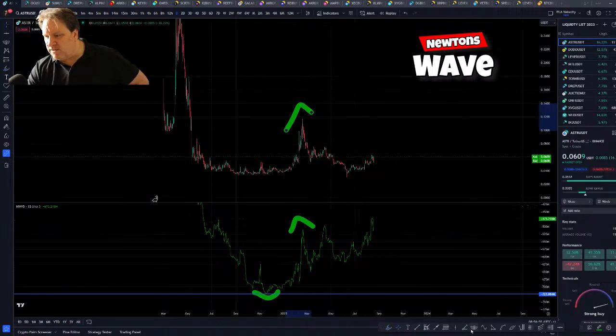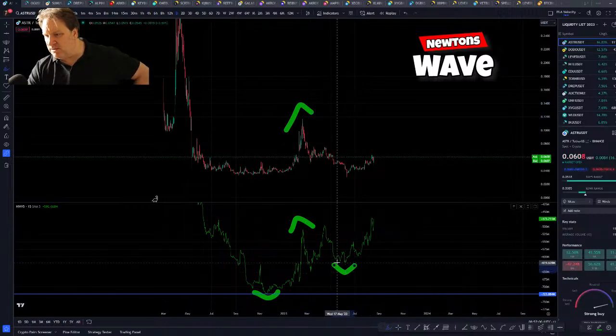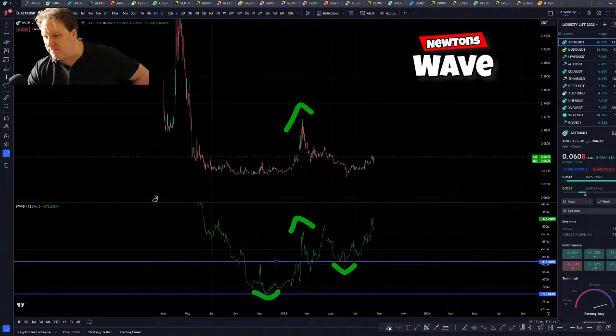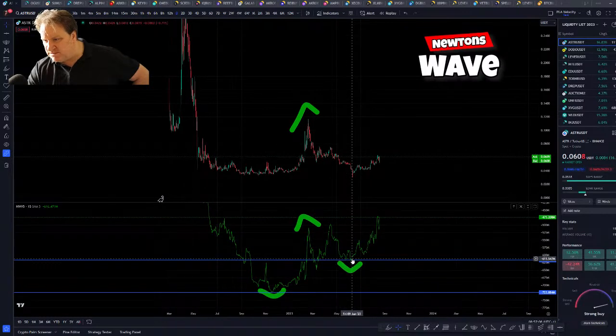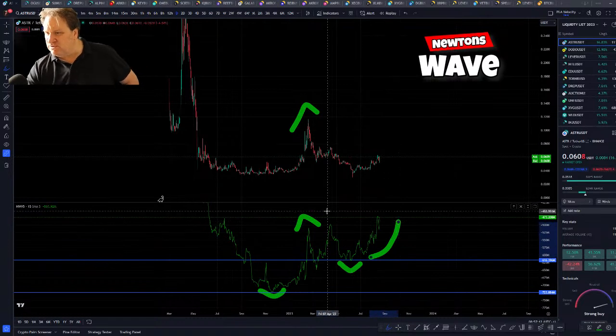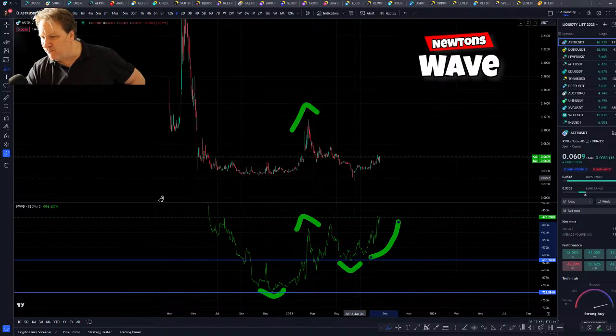The deposits stopped on ASTAR on this line here, and the deposits have actually carried on since the 9th of June. Interestingly, you can see on Newton's wave the pressure and the deposits, but it hasn't been reflected on the price yet.